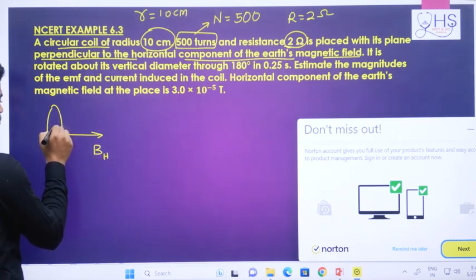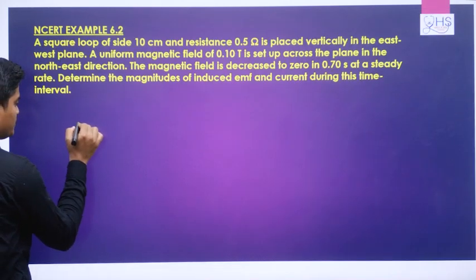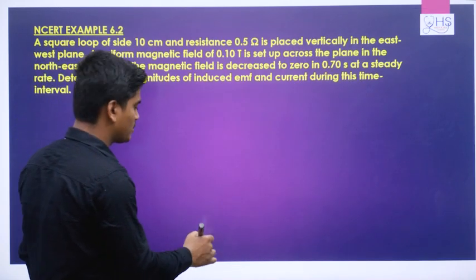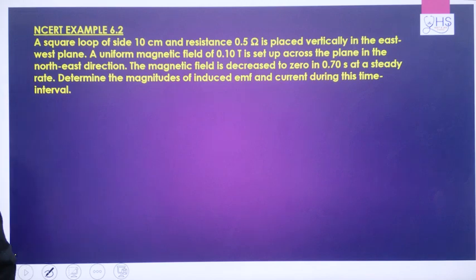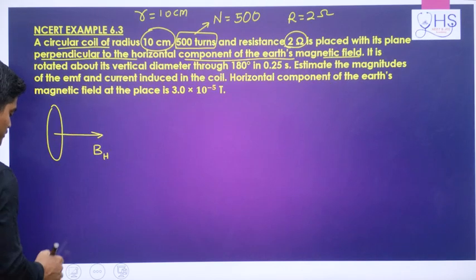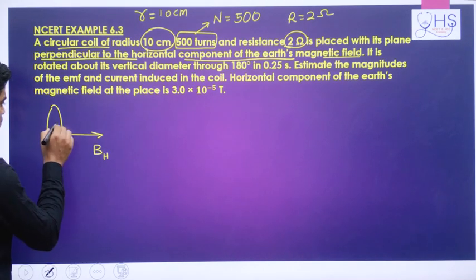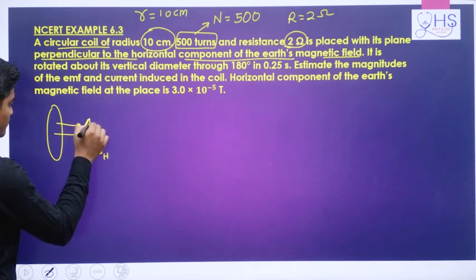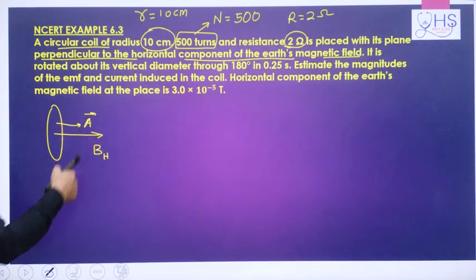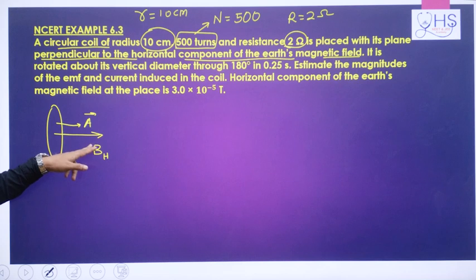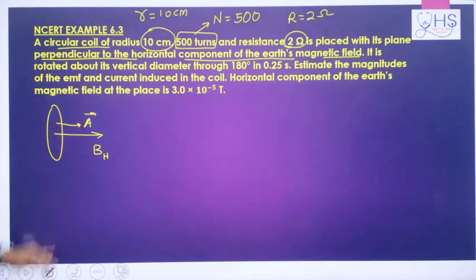And if you see the area vector of this loop, it is this way. So BH and A, magnetic field and area, are both in the same direction.